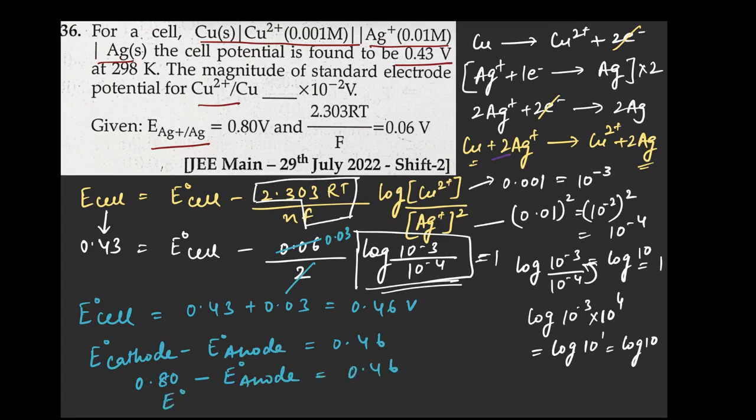Solving E naught anode, that is reduction potential of copper electrode, will be equal to 0.80 minus 0.46, which is equal to 0.34 volt. 0.34 volt can also be written as 34 into 10 to the power minus 2 volt. So here in the fill in the blanks it will be 34. So the reduction potential of copper is 34 into 10 to the power minus 2 volt.